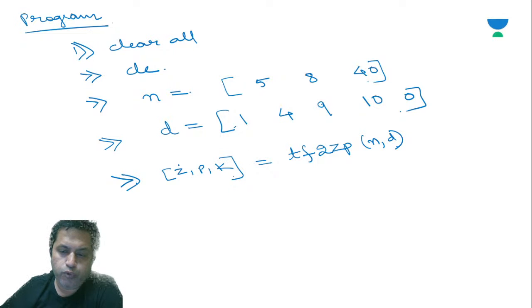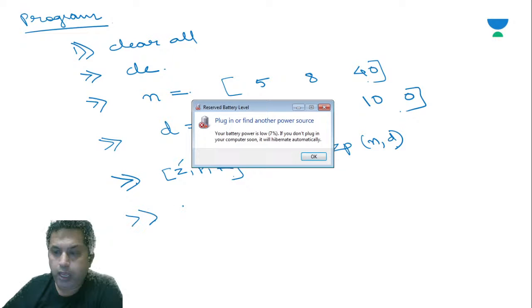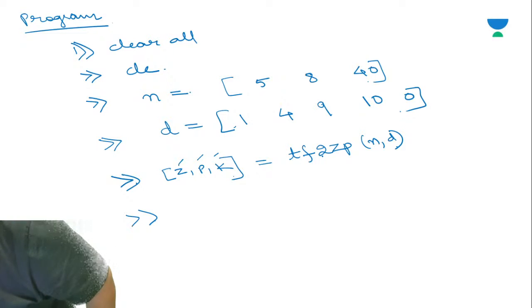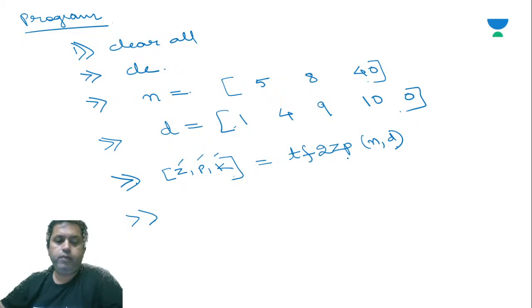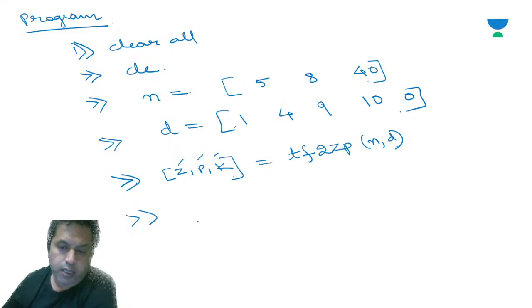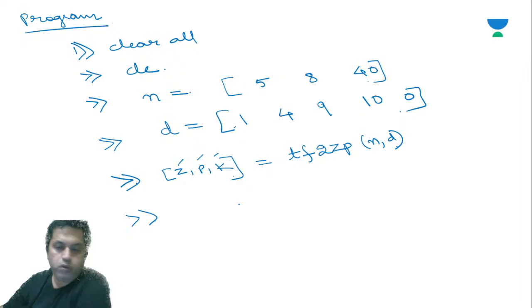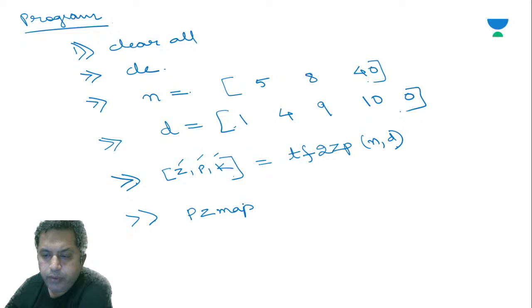This will give you zeros, this will give you poles, and this will give you the DC gain k. What is next? Okay, so we want the pole zero map: pzmap(n, d).